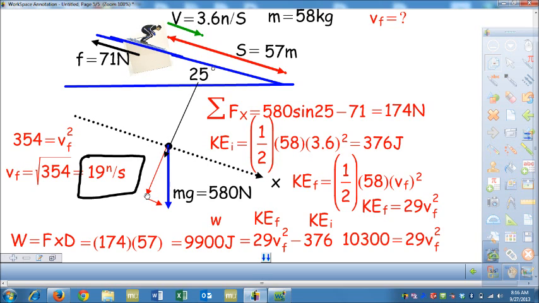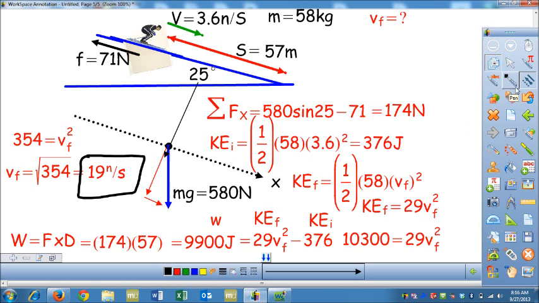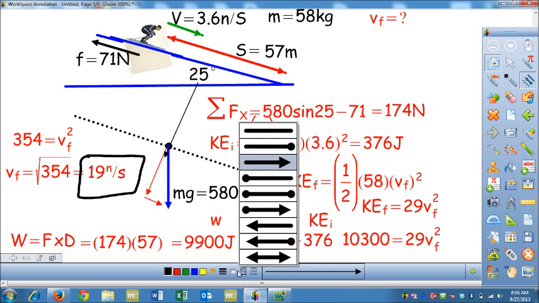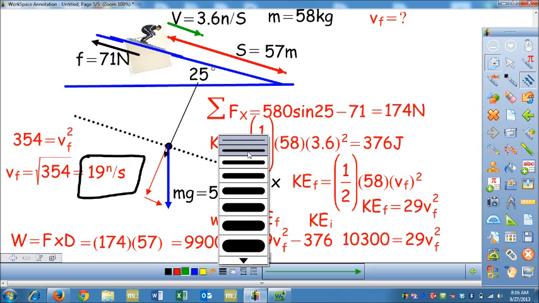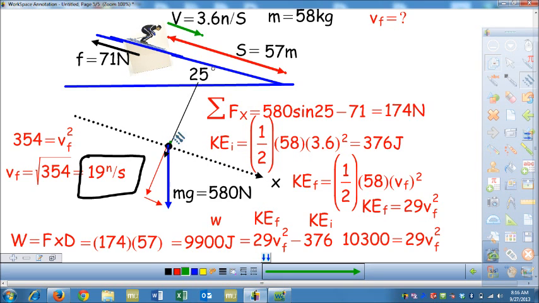This other component of the force, that's just pushing the skier into the snow. And of course, there's a normal force going back up, coming out of the snow that pushes the skier upward. And that one is balanced by this one here. So you've got the normal force here and here.